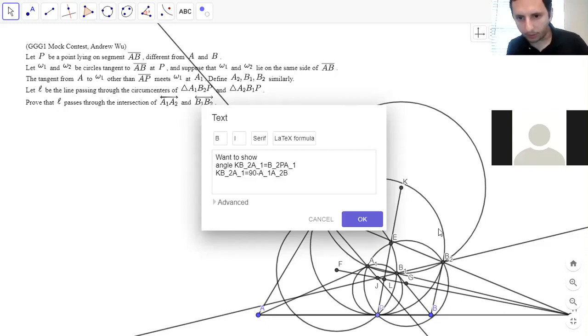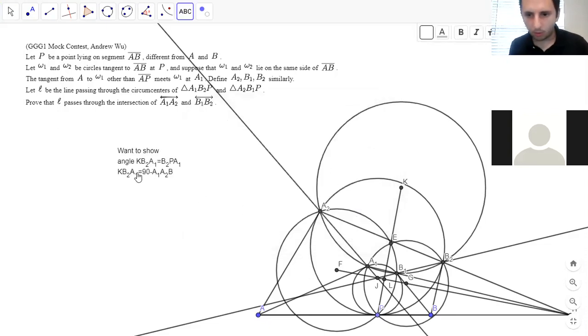So KB2A1 is 90 minus A1A2B. Yeah, like that. Yes, that is because A1A2B is half of A1KB2.